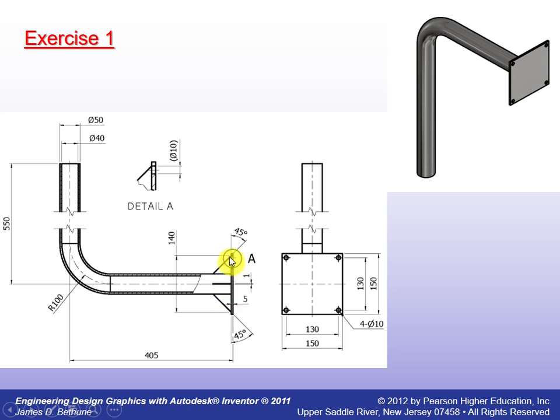The shape of the support is a triangle with angle 45 and thickness of 1. Sorry, the plate thickness is 5. How much are the plate dimensions? Height is 150 by 150. Location of the holes, 4 holes, given the distance between this one and this one, 130, and here 130. 4 holes, diameter is 5.